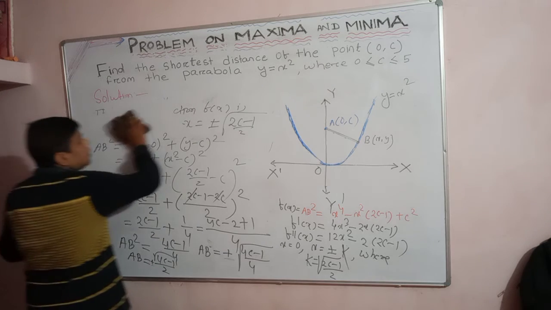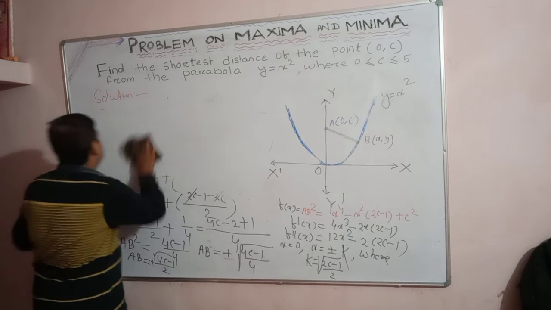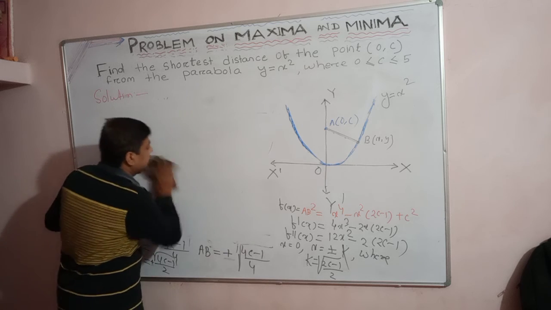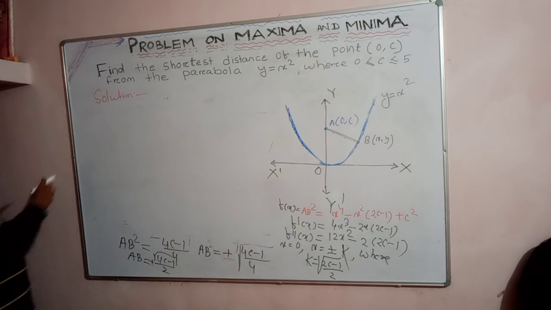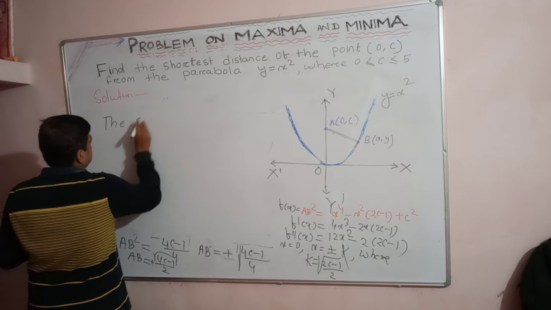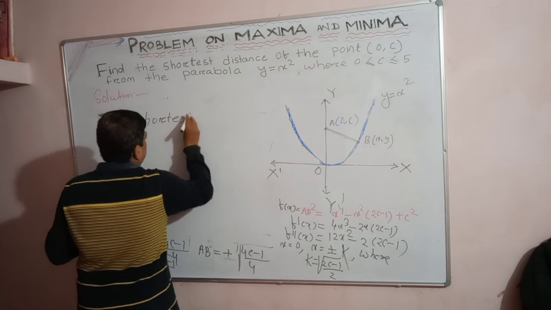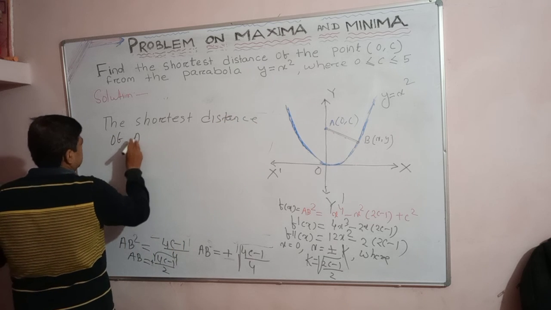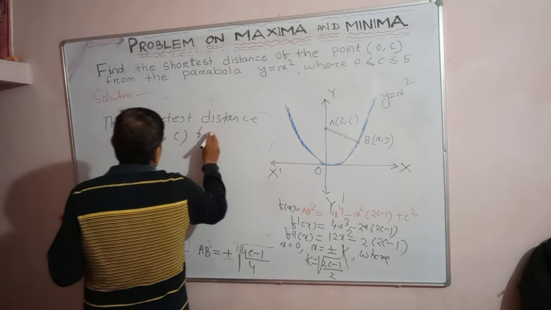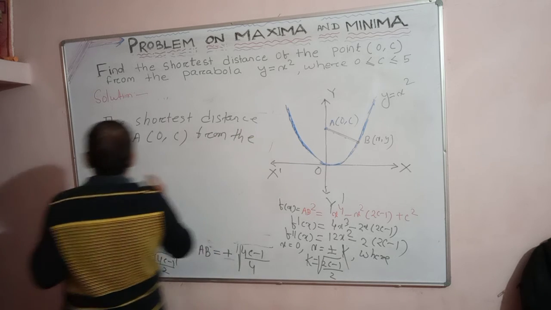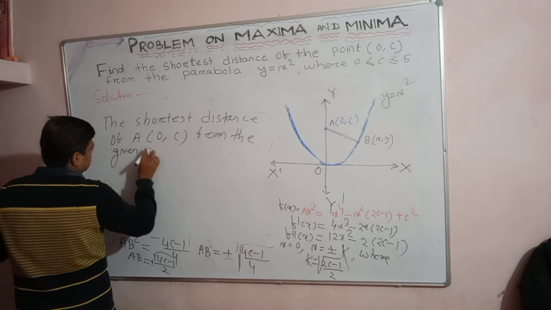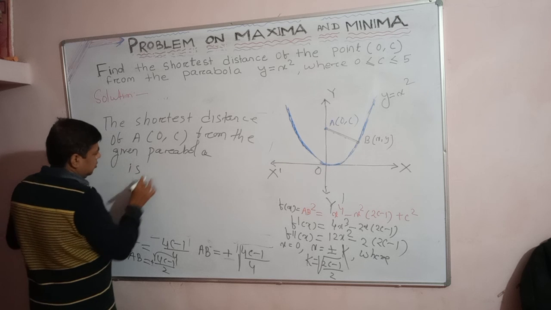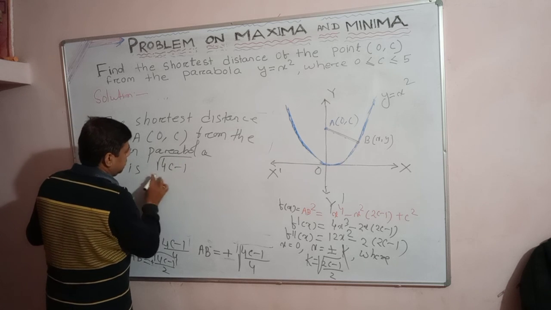Thus we got the shortest distance of the point from the given parabola is root of 4c minus 1, whole divided by 2.